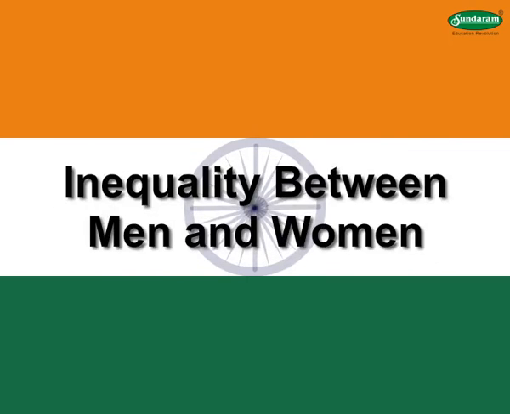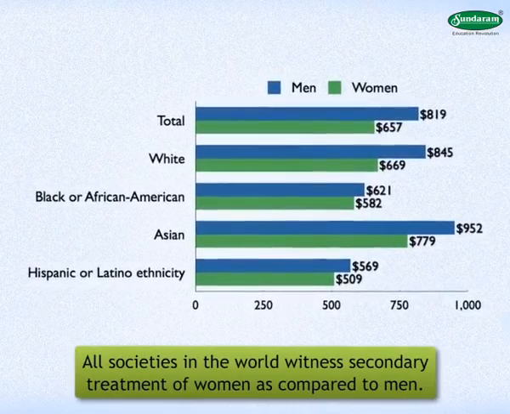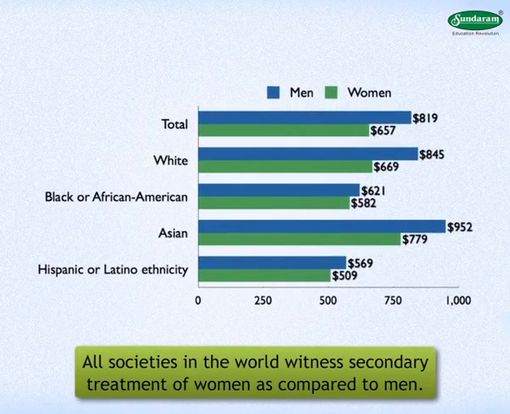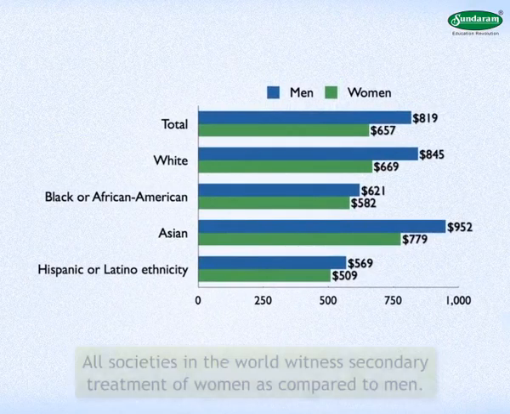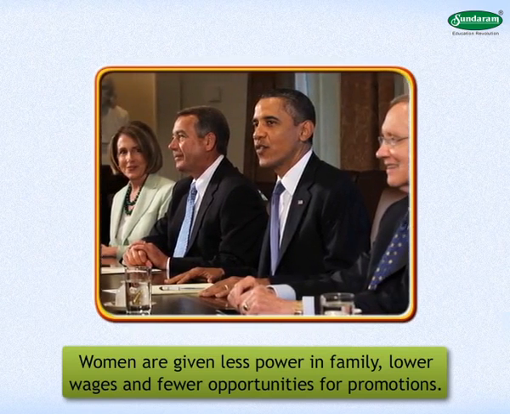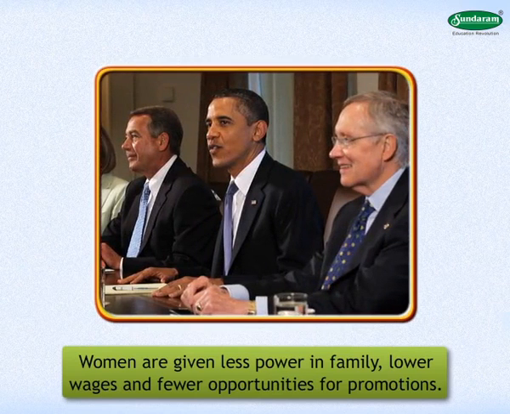Inequality between men and women. All societies in the world witness secondary treatment for women as compared to men. Women are given less power in family, lower wages, and fewer opportunities for promotions.